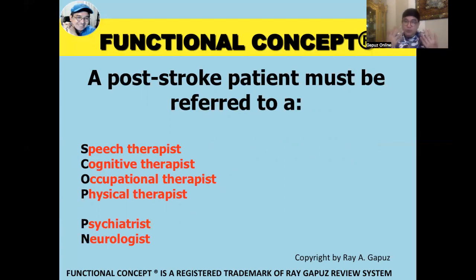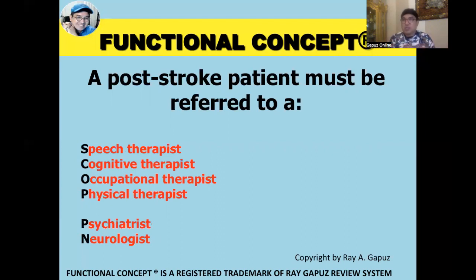So for those concerns, you need to have a speech language pathologist or a speech language therapist. A cognitive therapist is actually needed to reinforce learning skills that were lost by the patient during the stroke. And this could be done by the occupational therapist.